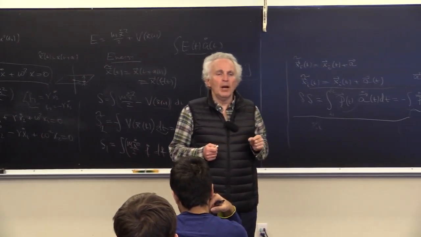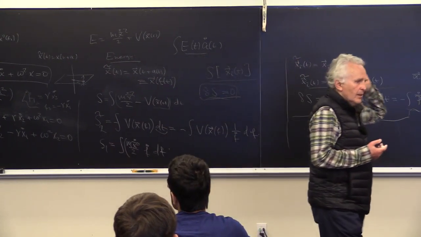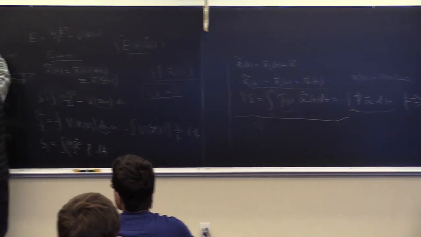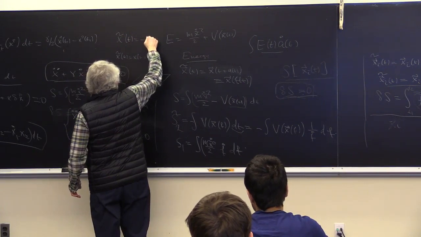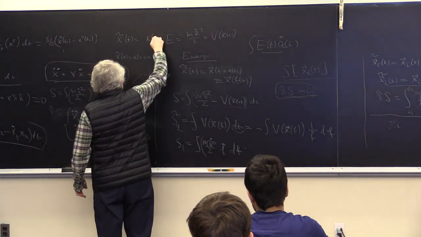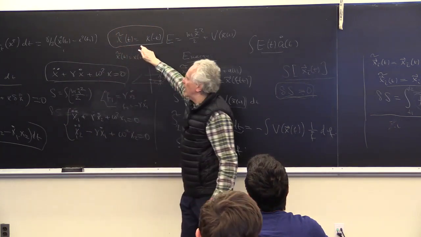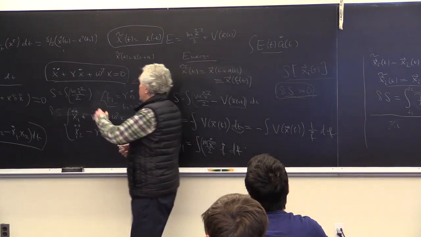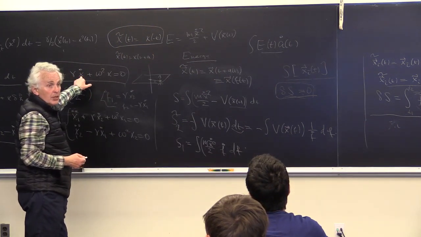What does it mean? How do you see this mathematically? Physically, it's obvious. So we take x of t to be x of minus t. That's our attempt at generating the new solution. And you immediately see that this term doesn't change sign, while this one does change sign.